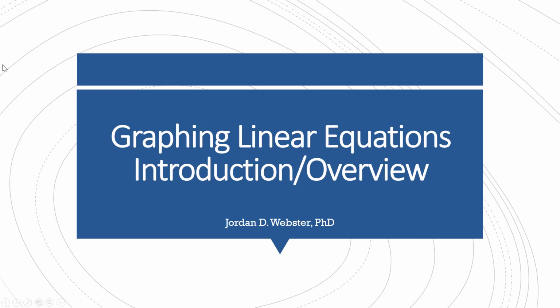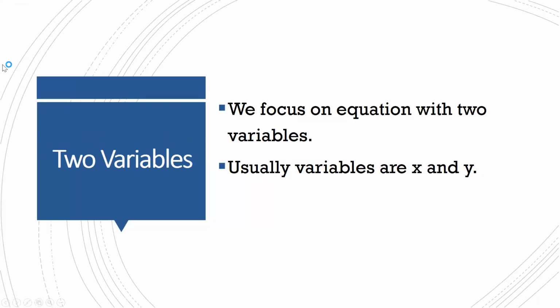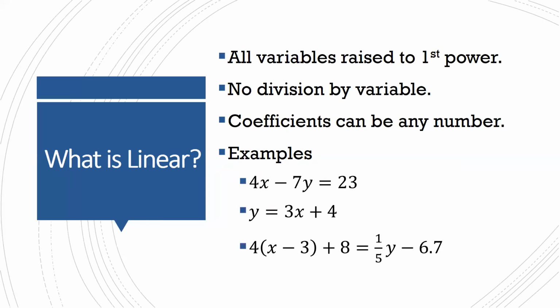Now, when we say graphing linear equations, our linear equations are going to focus on equations with two variables. Usually those variables are going to be x and y. You can technically have any variables that you'd like, but we would focus on x and y. Now, the idea of a linear equation is one that is obviously linear.